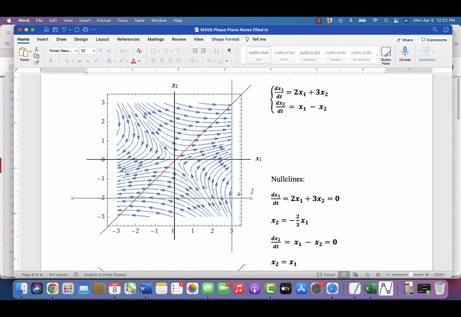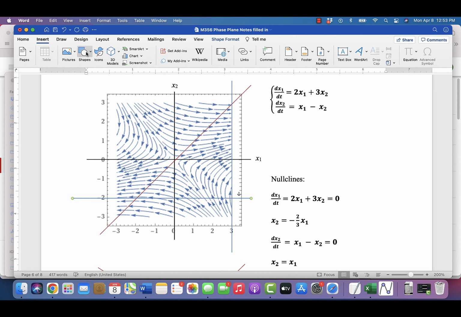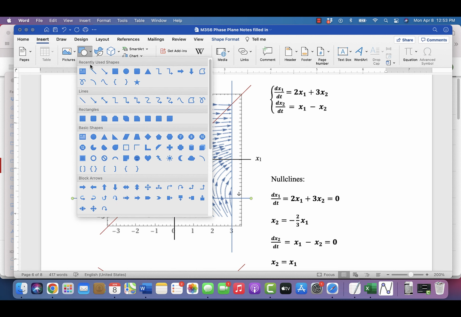So where those two lines cross, that's the point 3, negative 2, which our null-cline will go through. So let's insert a line that goes through the origin and that point.